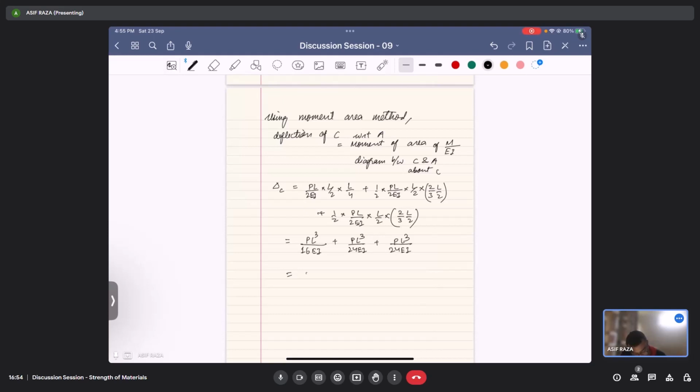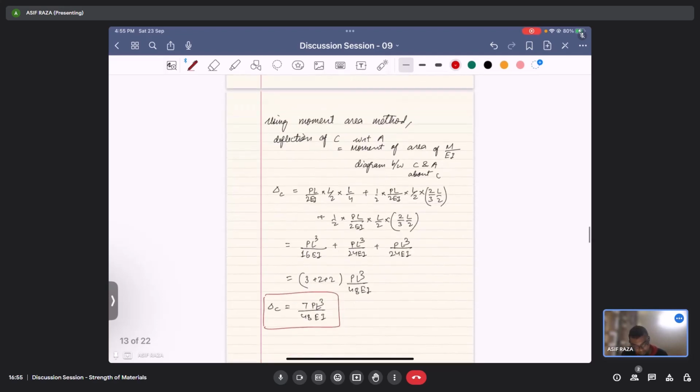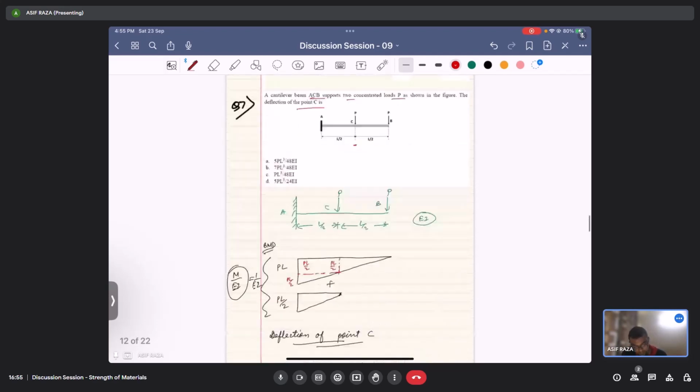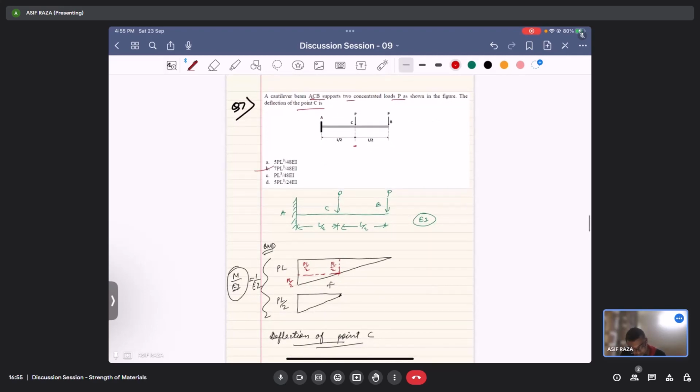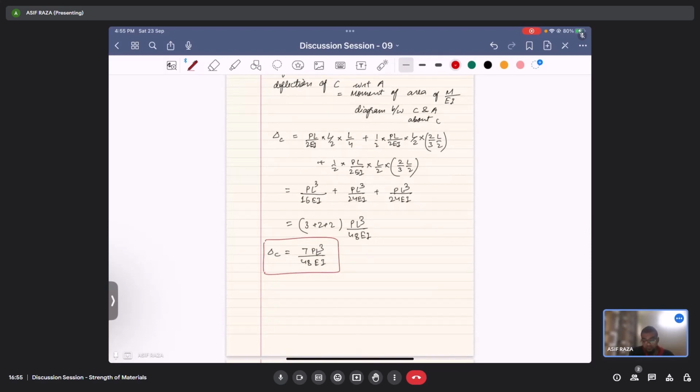So this would be 3 plus 2 plus 2, that is 7 PL cube by 48 EI. Okay, so the answer is option B, 7 PL cube by 48 EI.